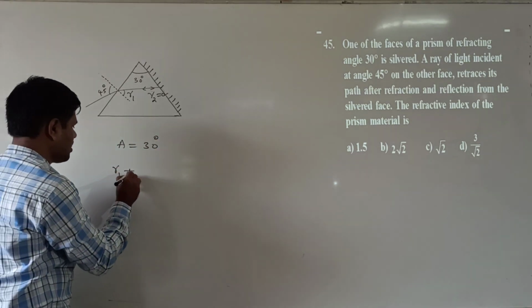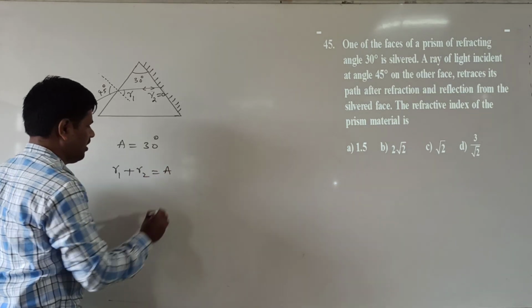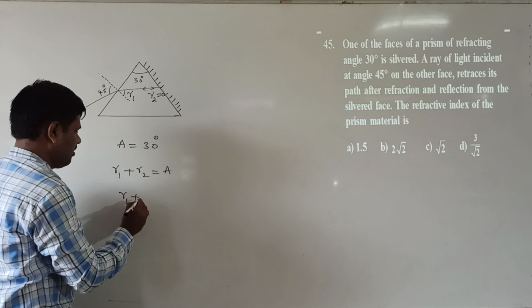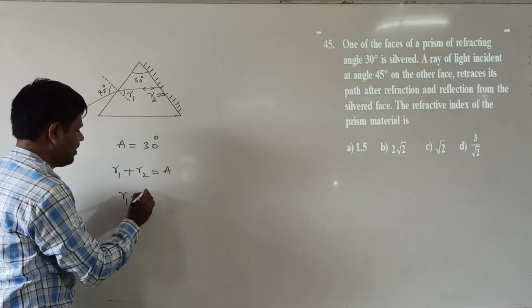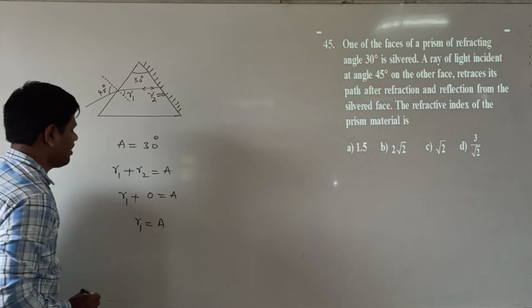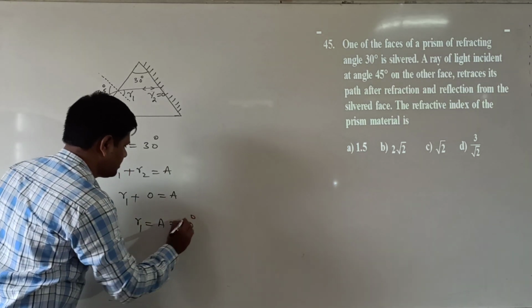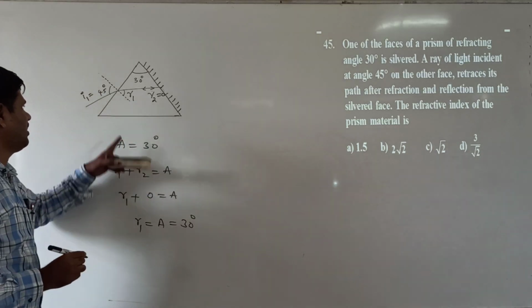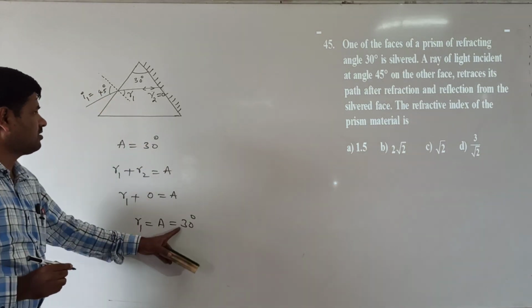We know the relation R1 plus R2 is equal to A. Here R2 value is equal to 0, so R1 equal to A. R1 equal to A means R1 equals 30 degrees. This angle of incidence I consider as I1. I1 equal to 45 degrees, R1 equal to 30 degrees.